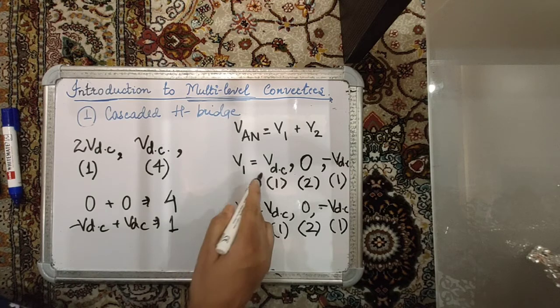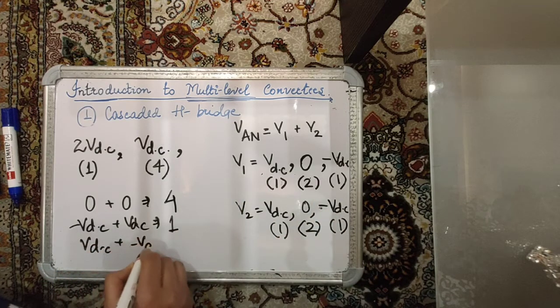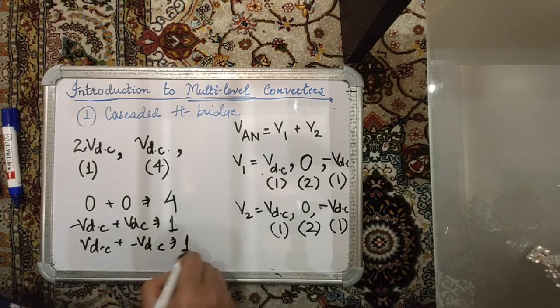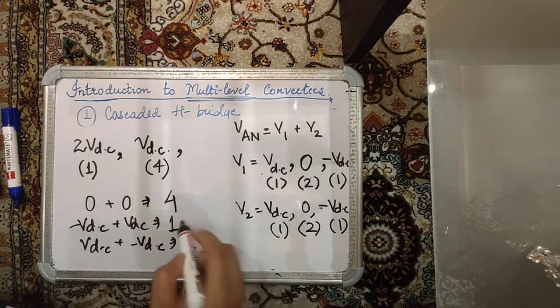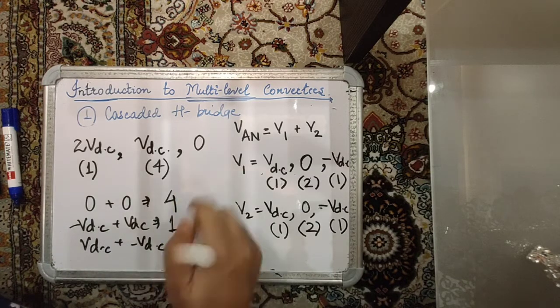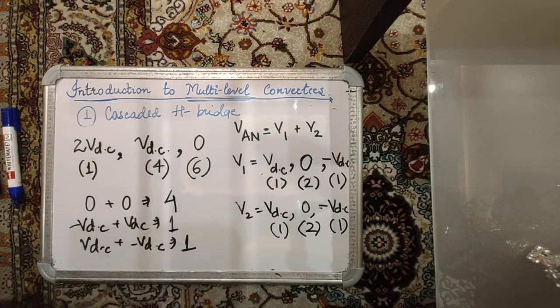And or VDC adding to minus VDC, VDC plus minus VDC. Again only 1 into 1, that is only one switching state will result in this combination. And all these are giving an output of 0. So an output of 0 is produced through 6 switching configurations, 6 switching states, right, of one leg.